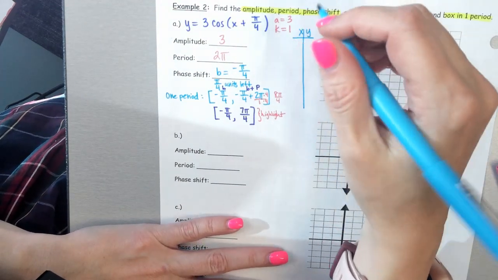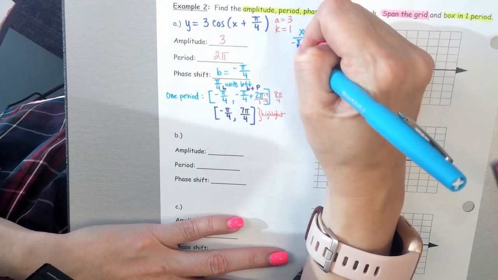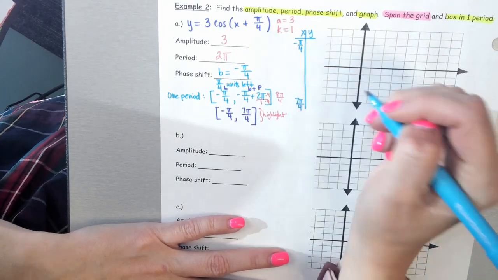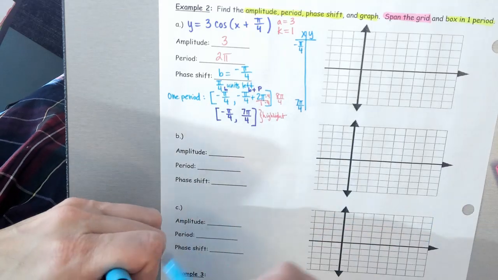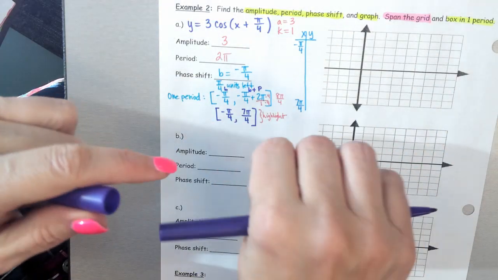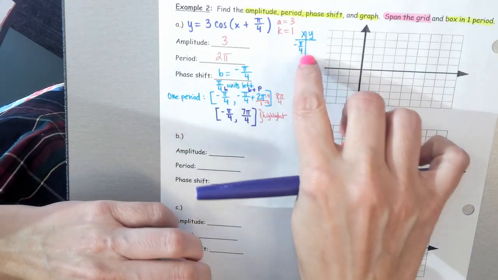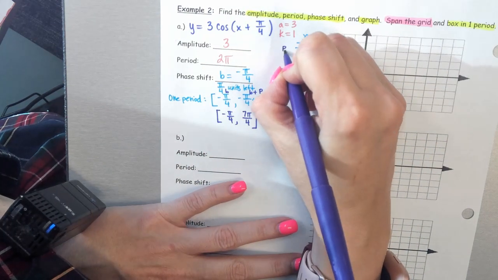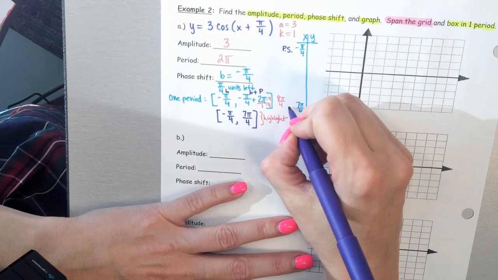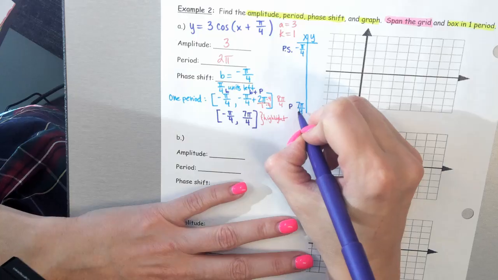So your start is negative pi over 4, your end is 7 pi over 4. We're starting at the max for this one. You're always starting at your phase shift, and then you're always going to end at the period value.